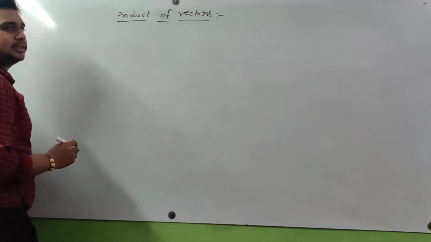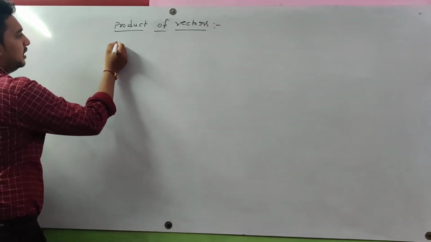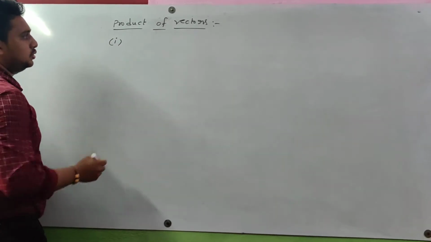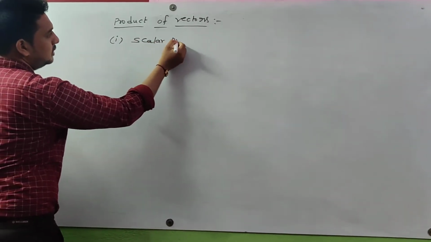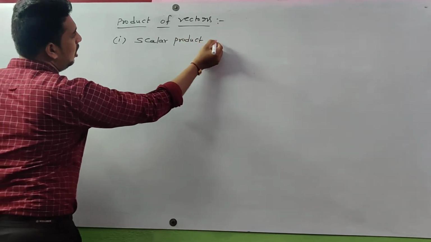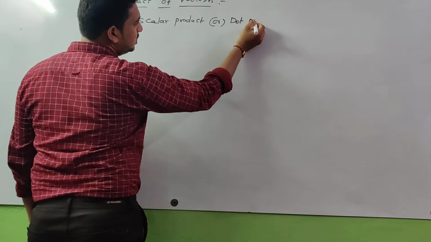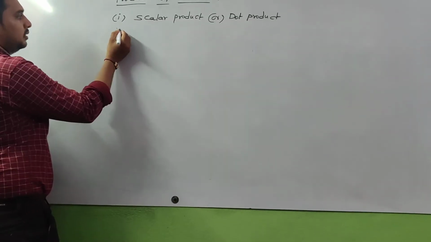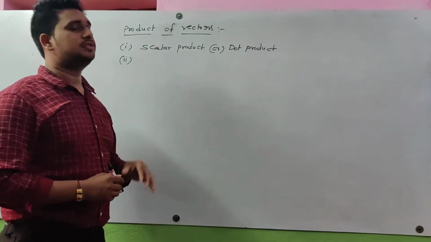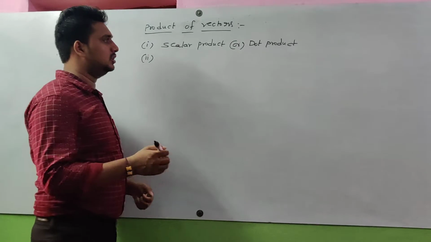In the case of the product of vectors, mainly we have two types of products. The first one is the scalar product or dot product.